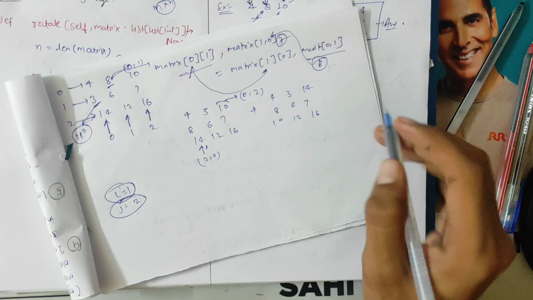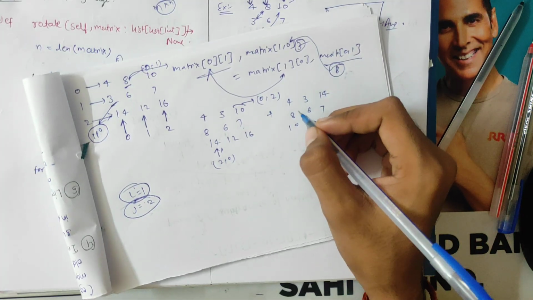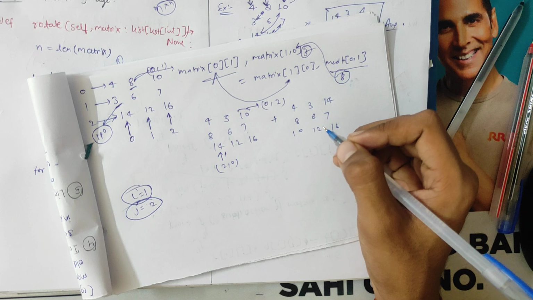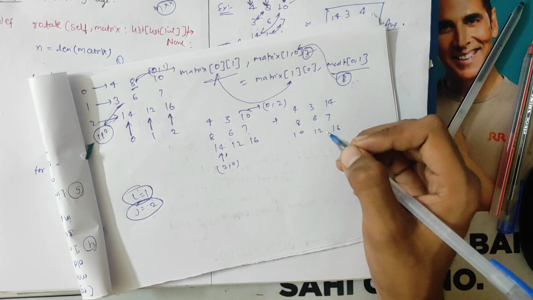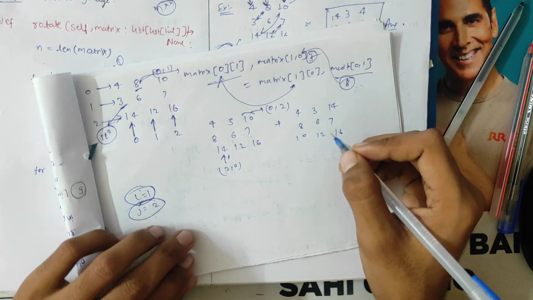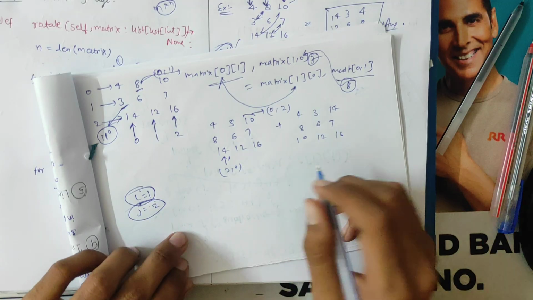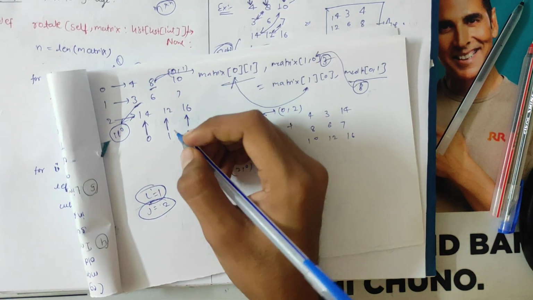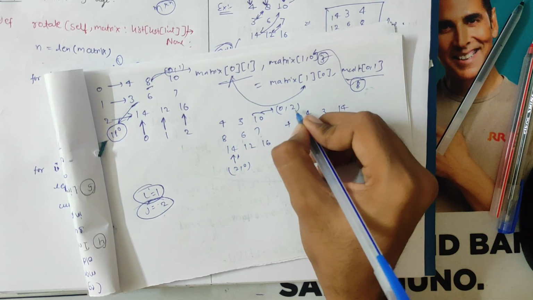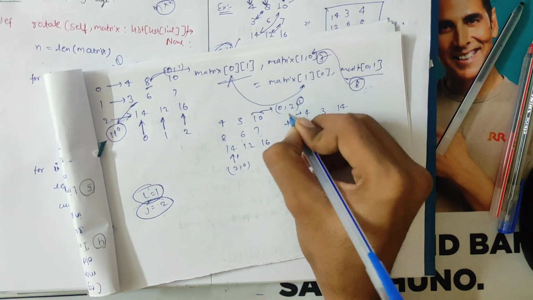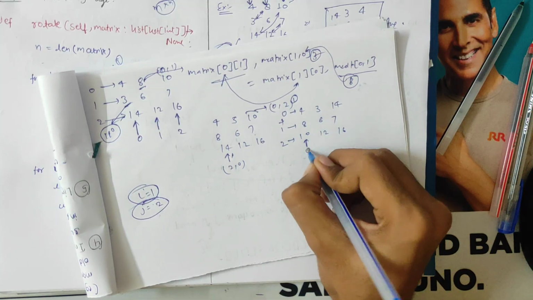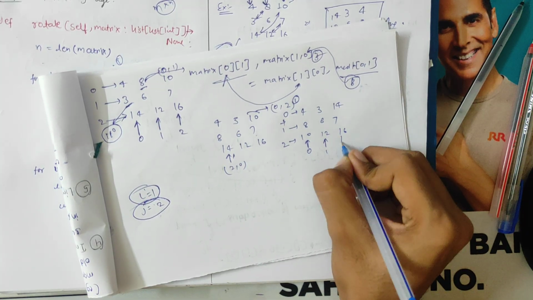Here the I values are 0, 1, 2, and the j values are 0, 1, 2.